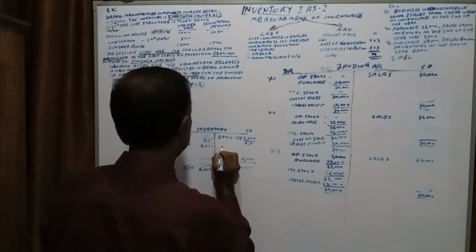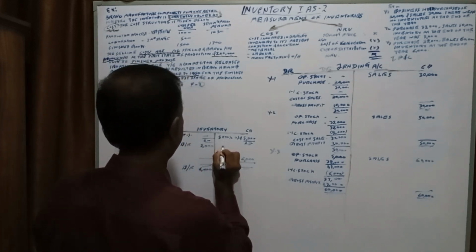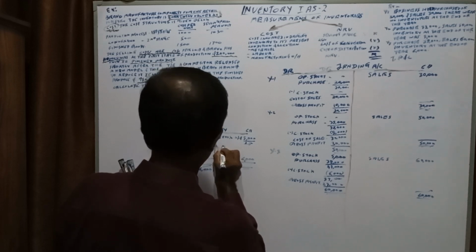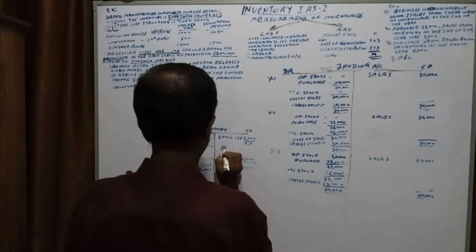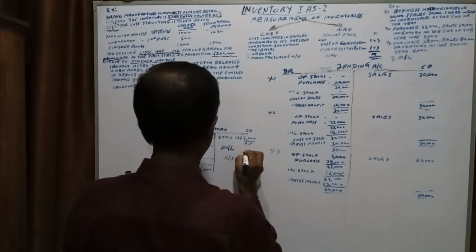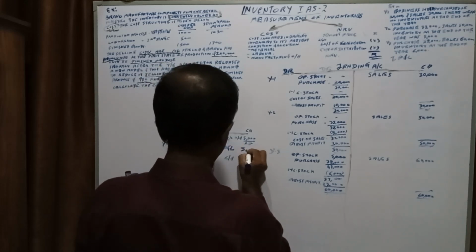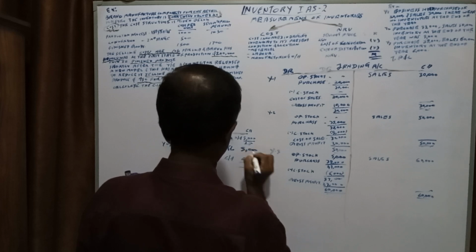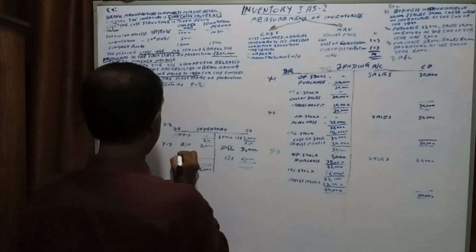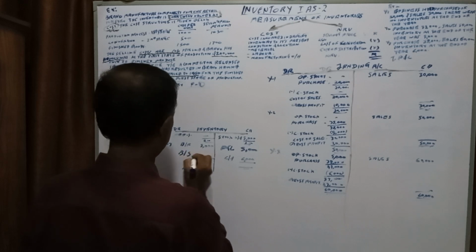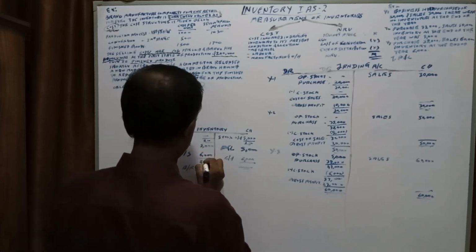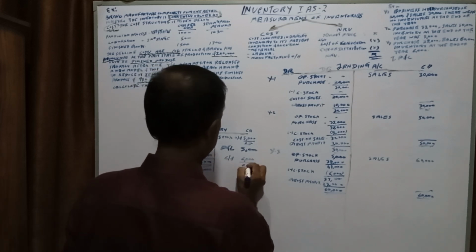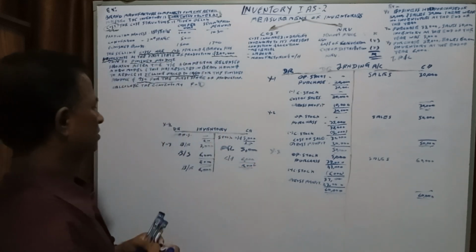This will go to the P&L. Profit and loss account, they say 5,000, right? Here, in the balance sheet, it will go as 6,000. So 11,000, 11,000. Right?